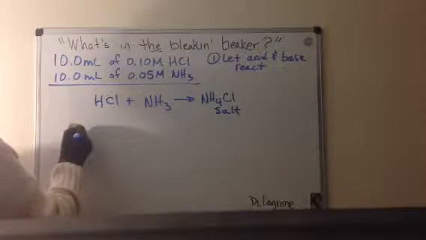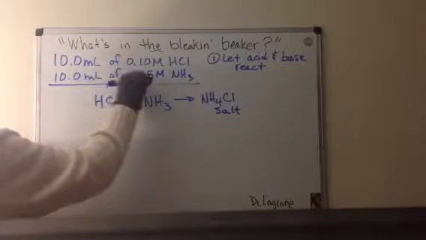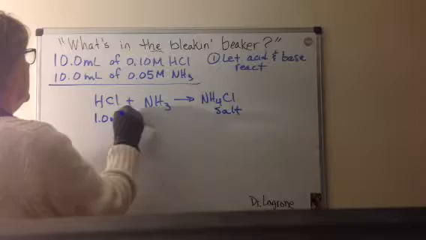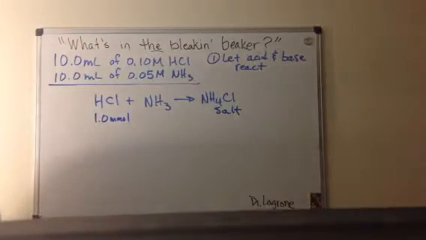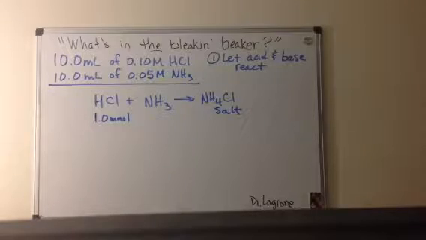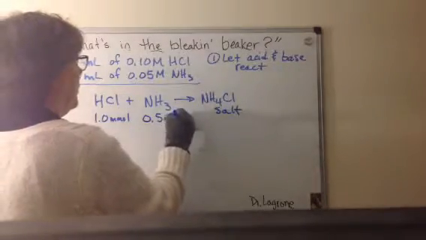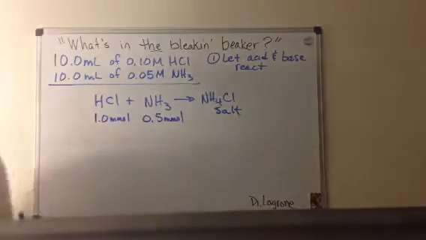What do I have initially? I have 10 milliliters times 0.1, that is 1 millimole of hydrochloric acid, and I have 10 times 0.05, that is 0.5 millimoles of ammonia.